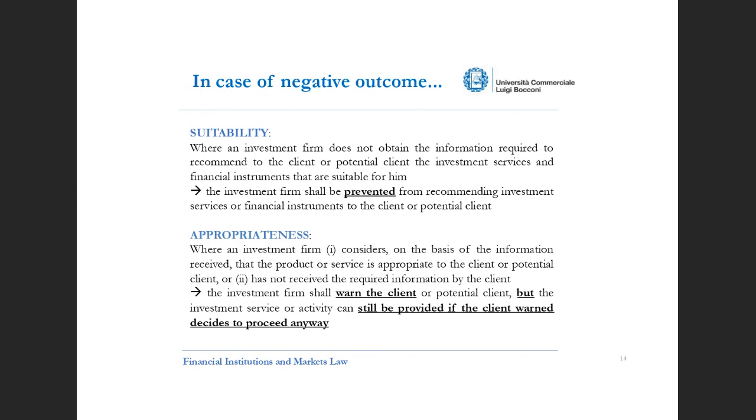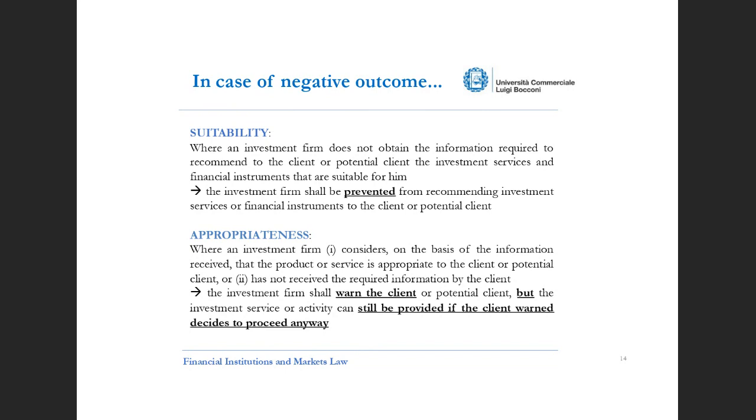Under the suitability test, as you see from the slide, the investment firm is prevented from recommending the investment services or carrying out the transaction. So we generally say, in colloquial terms, that suitability is blocking.